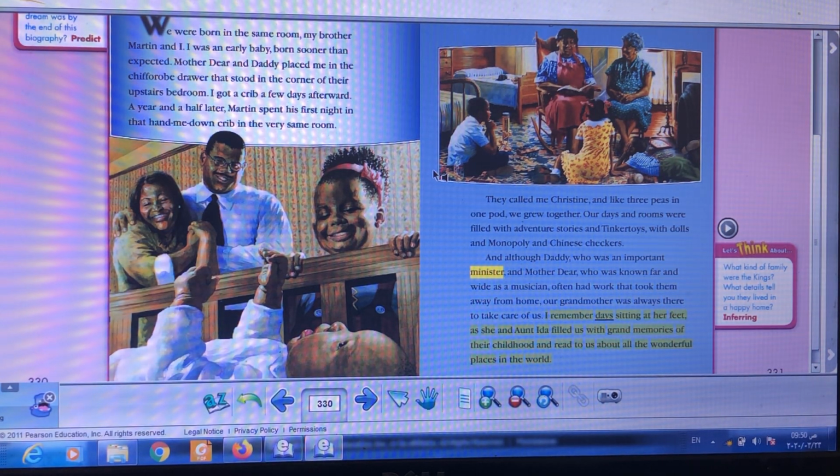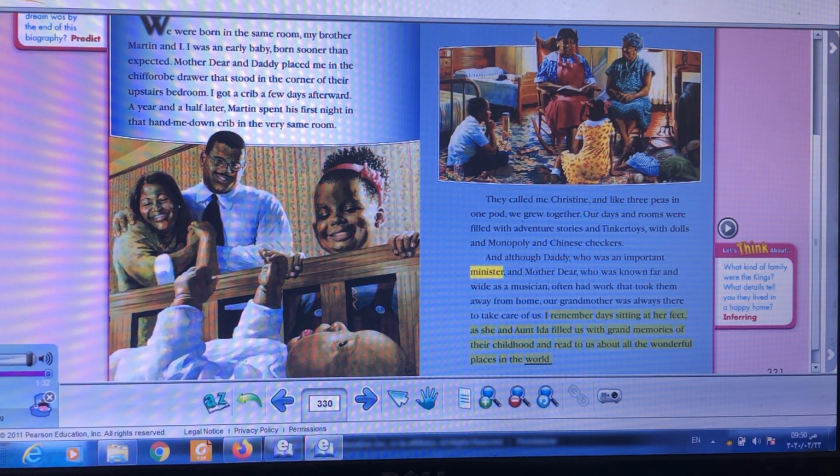I remember days sitting at her feet as she and Aunt Ida filled us with grand memories of their childhood and read to us about all the wonderful places in the world.